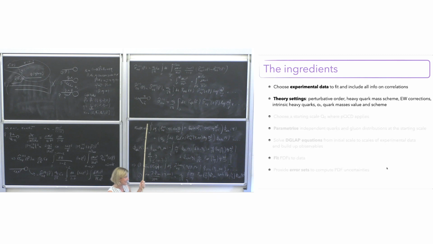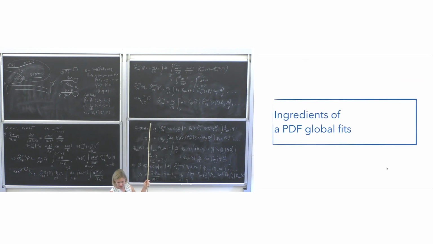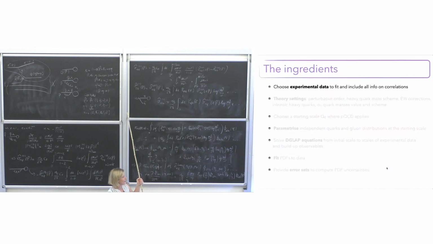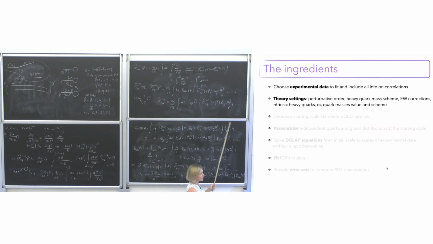You choose some theory settings, so the theoretical predictions that enter the cross-section here, what we call sigma hat, are all theoretical predictions that are done at a given perturbative order with a given heavy quark mass scheme, including or not including electroweak correction, whether you include intrinsic charm or you don't, given value of alpha s, given value of, so there are lots of things that go into your sigma hat. These are all computations done with some given theory settings.